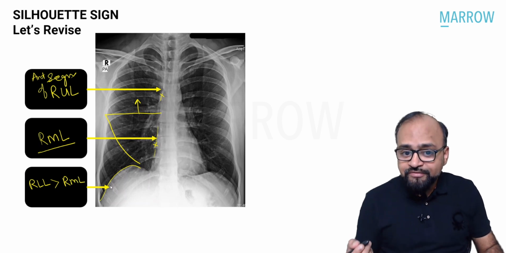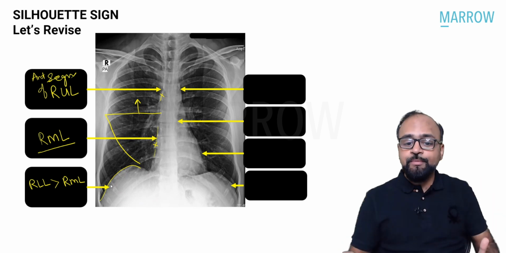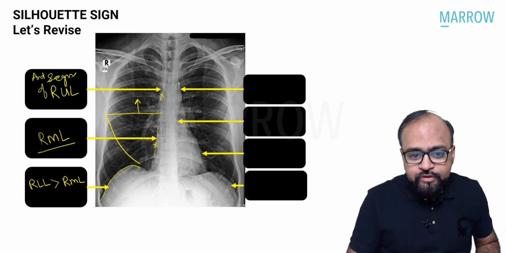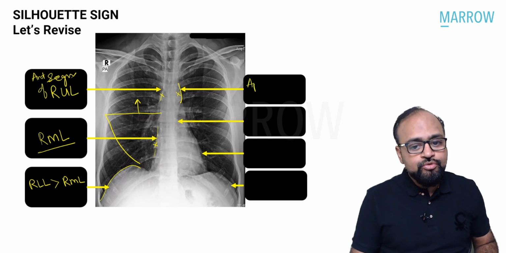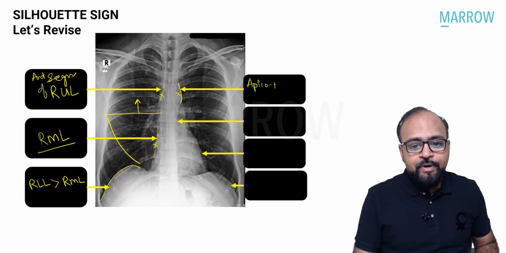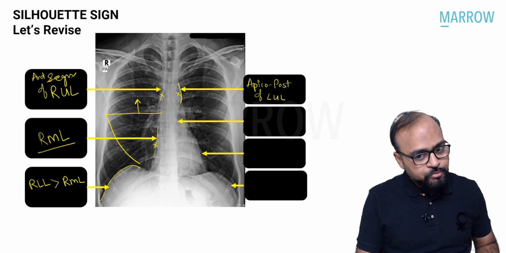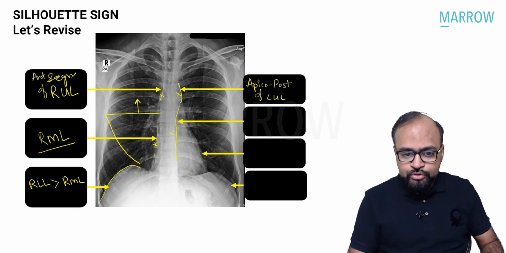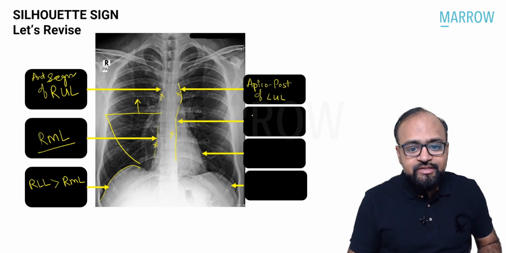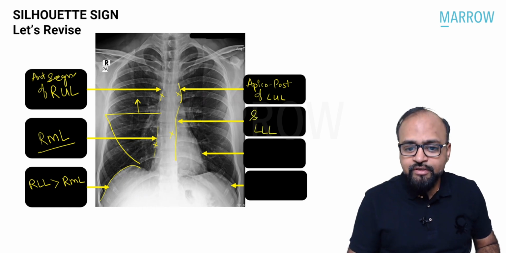Yes, on the left side, just remember the schematic diagram that we just drew. If the aortic knuckle is not seen as a sharp margin, then the disease is going to lie in the apico-posterior segment of the left upper lobe. Right? If the lateral margin of descending thoracic aorta is not seen as a sharp margin, then the disease is going to lie in the left lower lobe. Which segment?